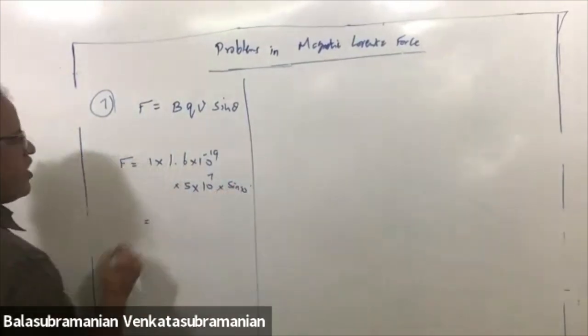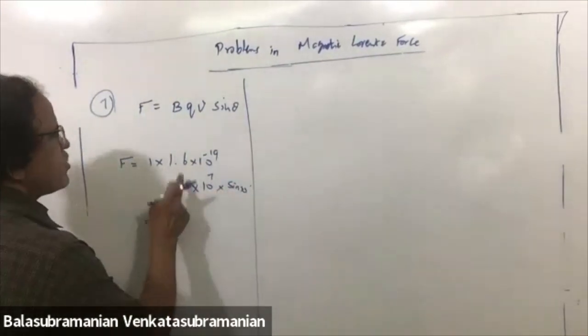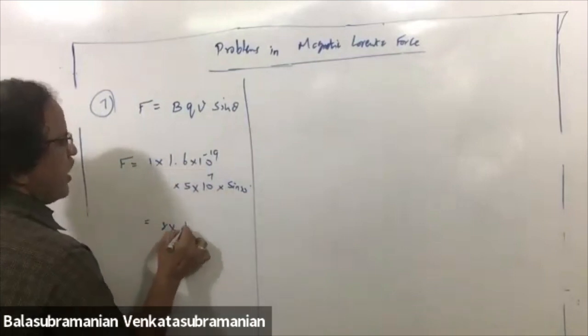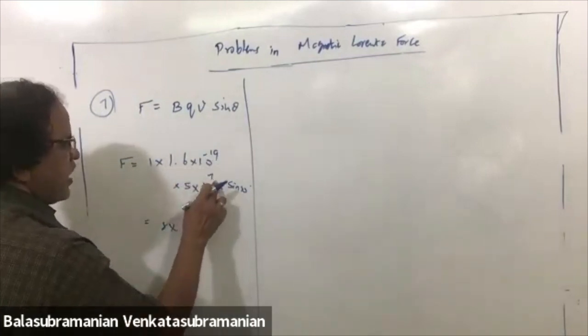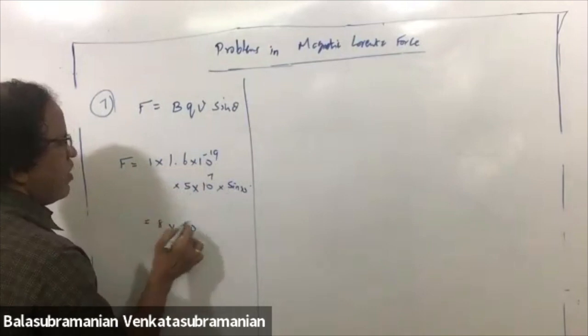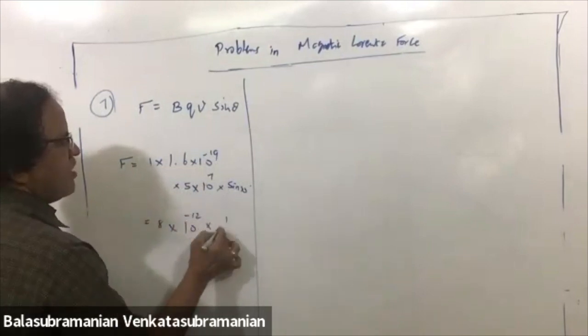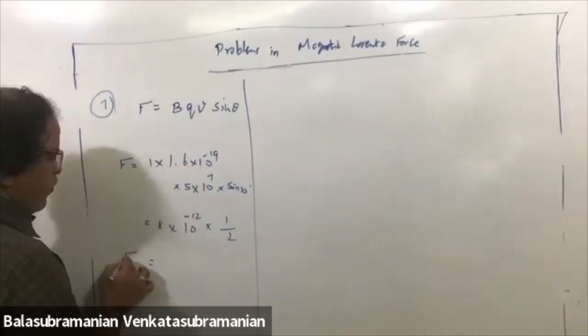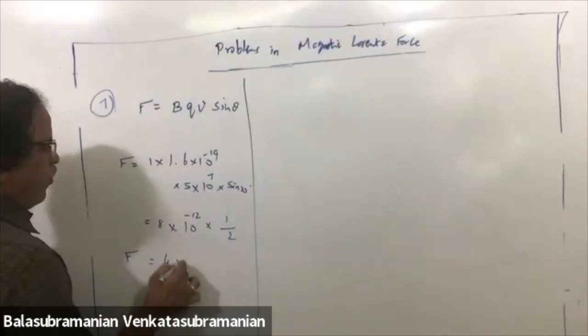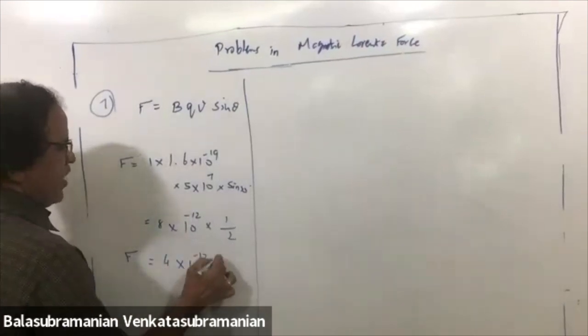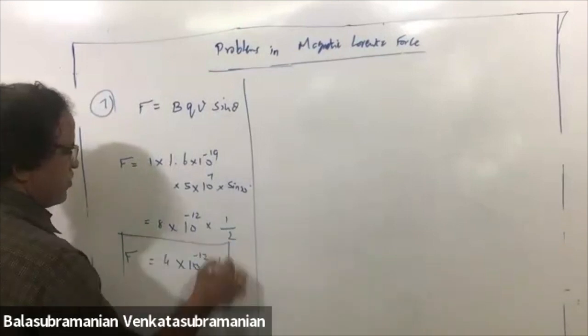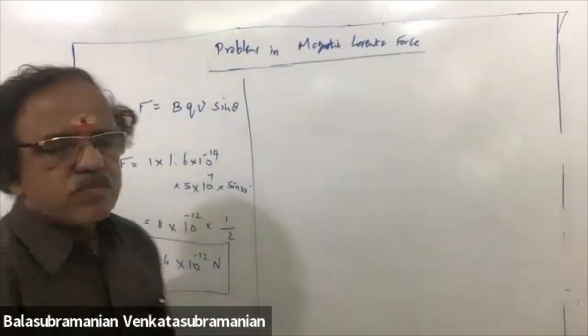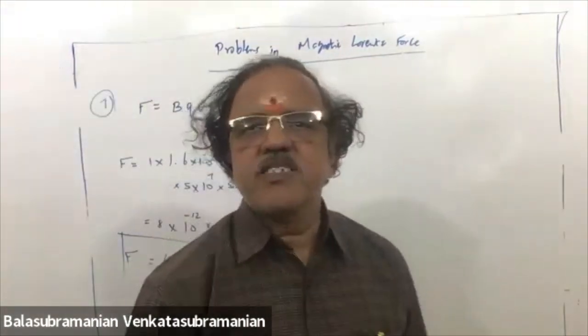Sin 30 is half, so you will get 4 into 10 power minus 12 Newton. Straight problem.